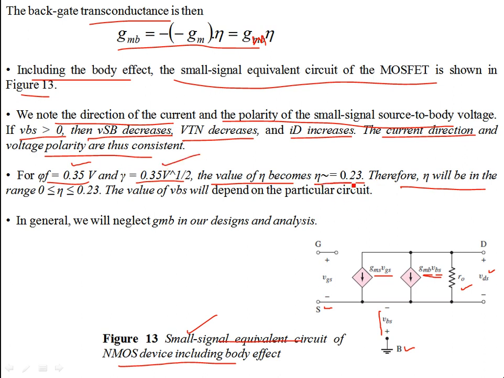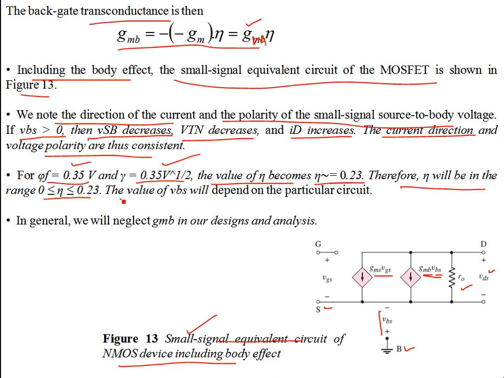This parameter is going to vary from 0 to 23% of the transconductance parameter of the MOSFET. So the maximum is about 23% variation. This current you can say is 23% if VBS and VGS are the same, if they are small signal voltages. It might be different, but GMB is about 23% of GM.